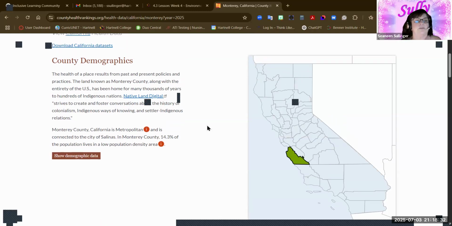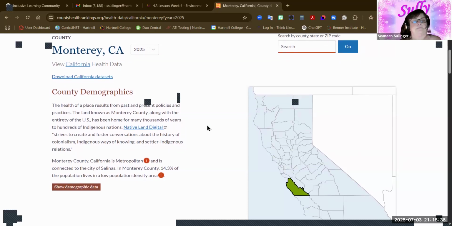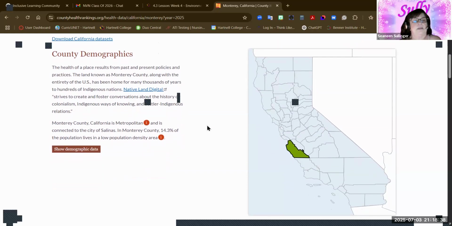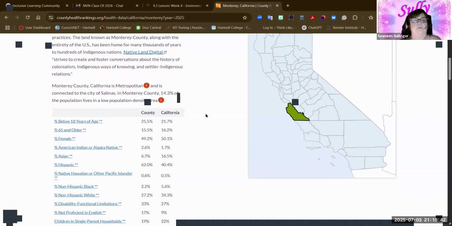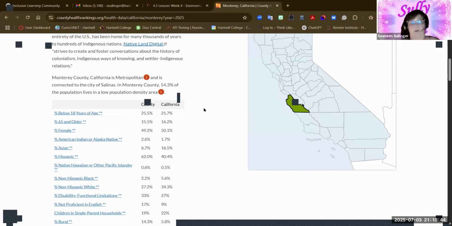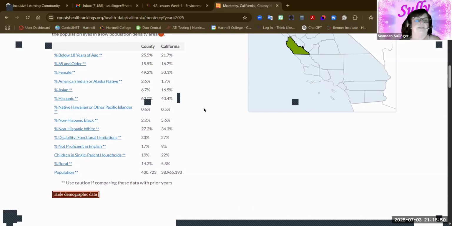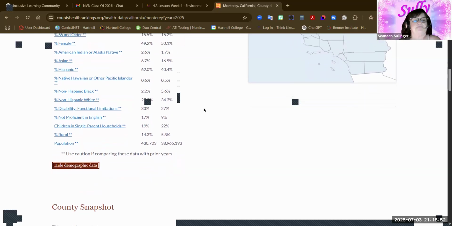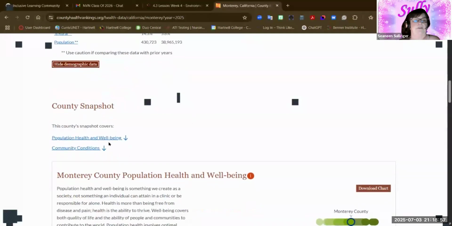And so this tells you what the different demographics are. It'll show you the demographic data. So it will tell you according to the county versus Monterey County versus California statistics in terms of their age, how they identify, ethnicity, those kind of things.